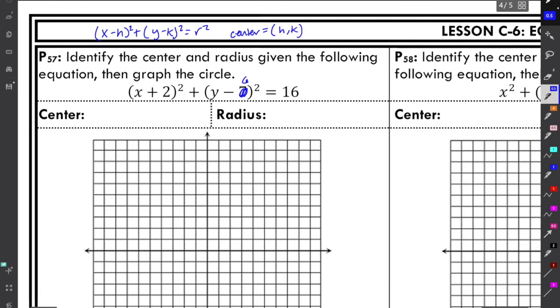That's our coordinate for it, and r equals radius. Awesome. So looking at our standard form equation, my center has to be -2, 6. Remember, if this is a plus, the coordinate will be a negative. If it's a minus, the coordinate will be a positive. Okay. Then our radius is just the square root of this number right here, 16, so it'll be 4.